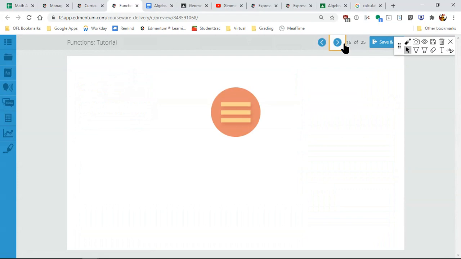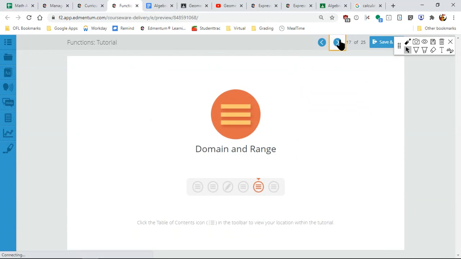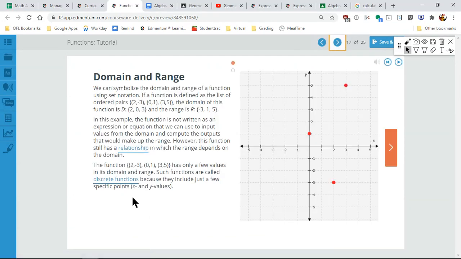All right, so moving on. Domain and range. We have the discrete relationships, and discrete means dots, basically. So these relationships, it's discrete. You only have the specific domain.